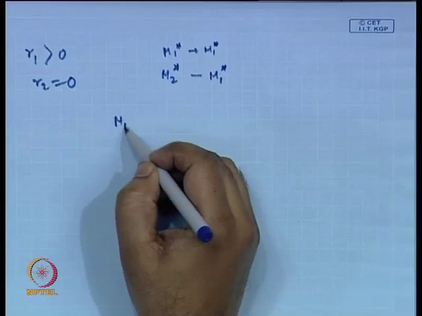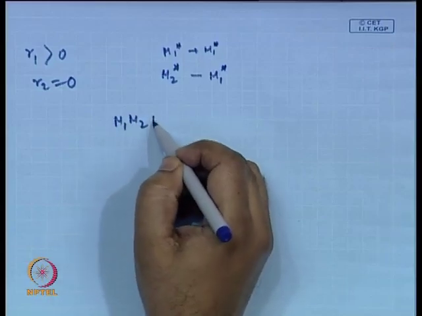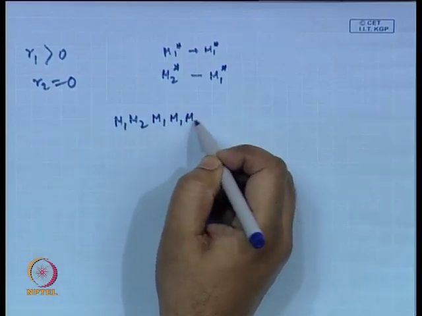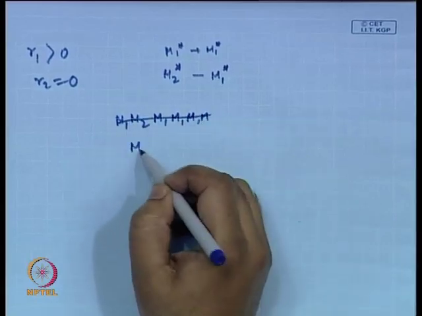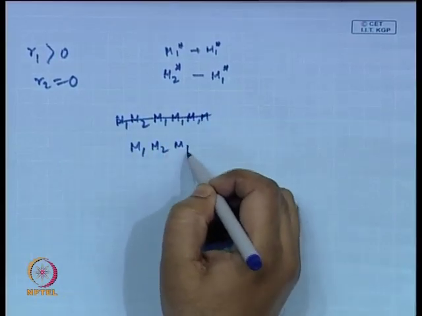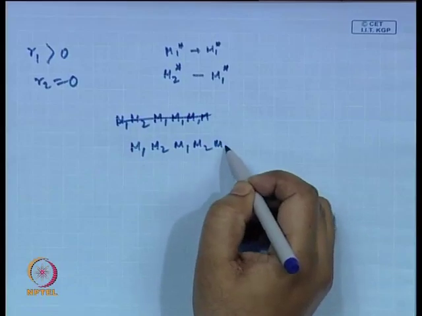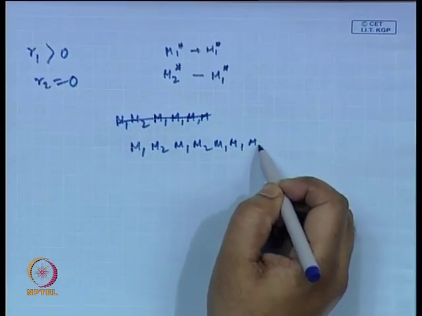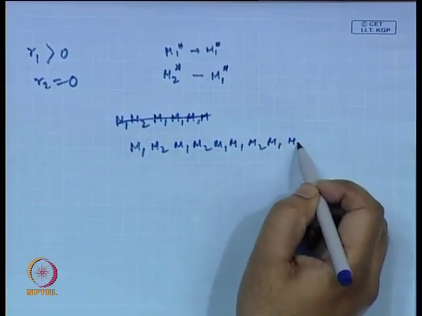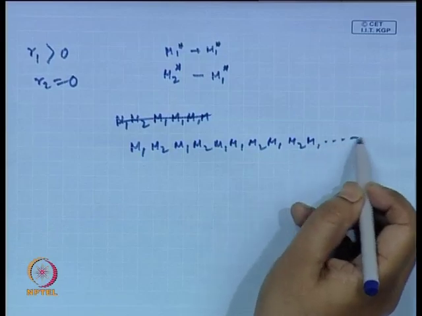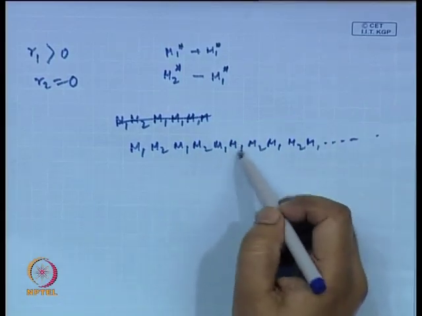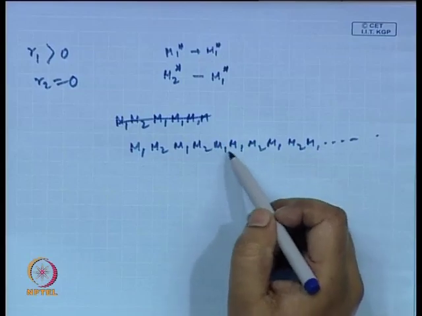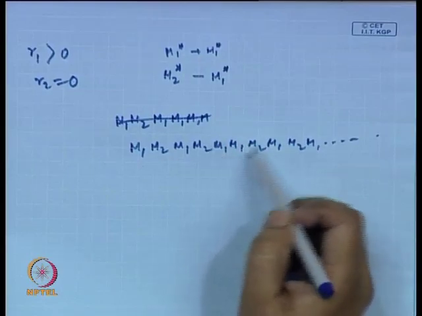So, what will happen? You will get something like this, where in most cases it will be alternating, but in some cases there will be 2 M1s or 3 M1s sitting next to each other.